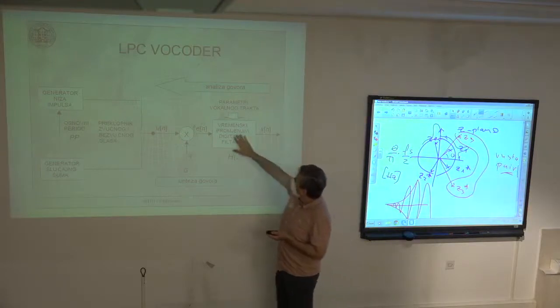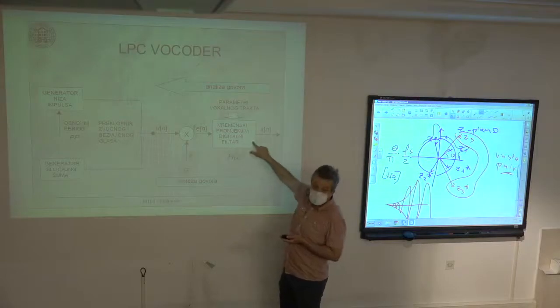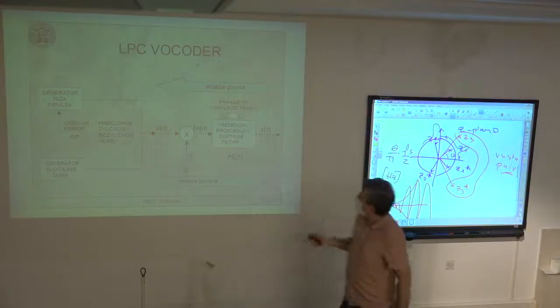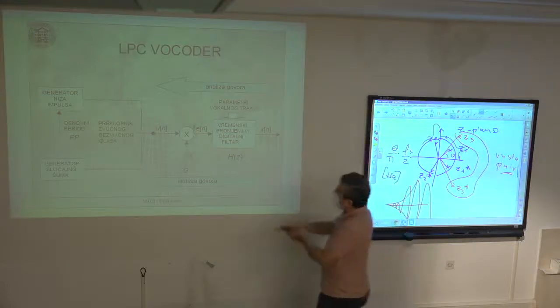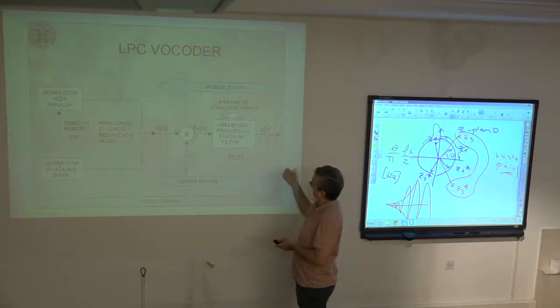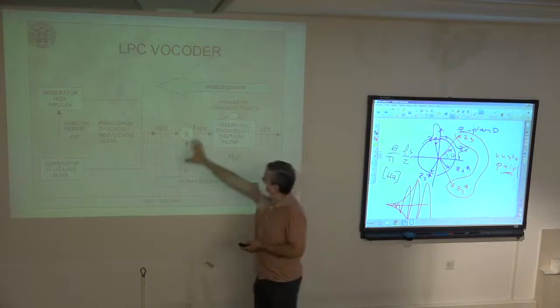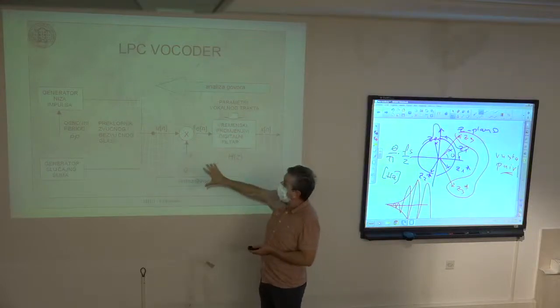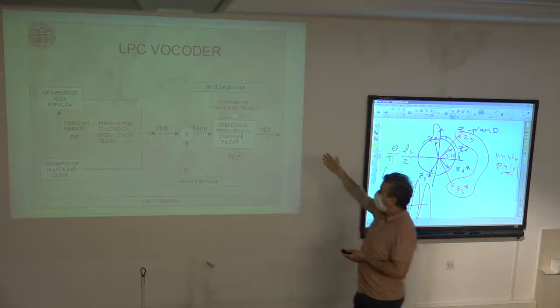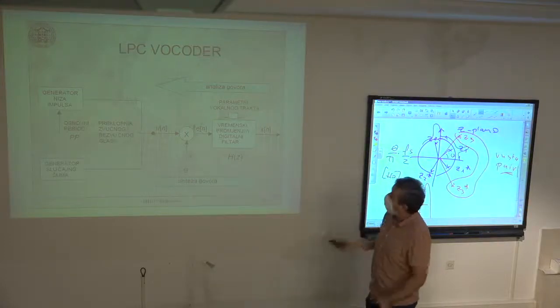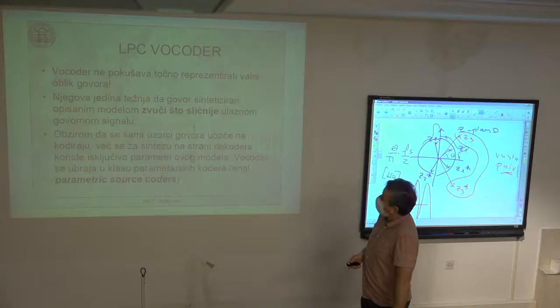Then I also encode the individual coefficients, alpha 1, alpha 2, up to alpha p of this reconstruction filter. So these parameters are encoded and transmitted to the receiving side. And on the receiving side, I have the synthesizer that uses this set of parameters, which are changing with time, and I get synthetic speech.